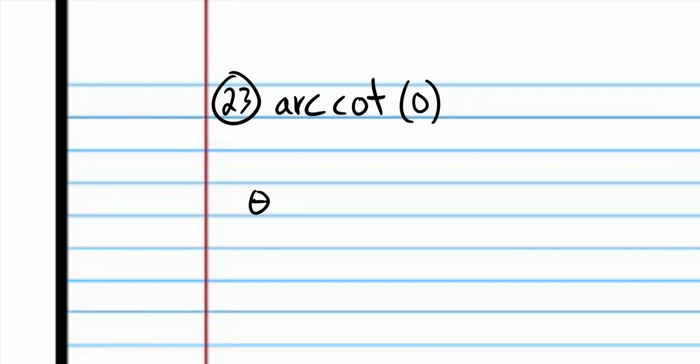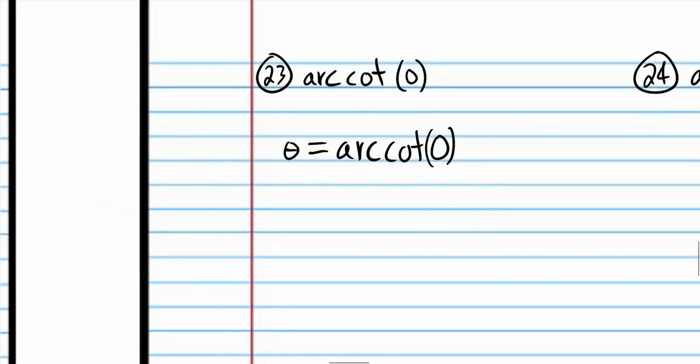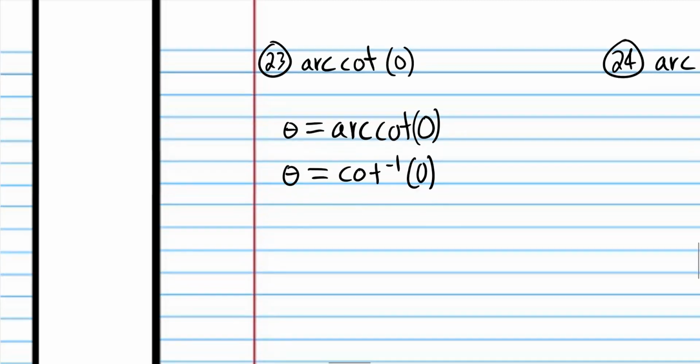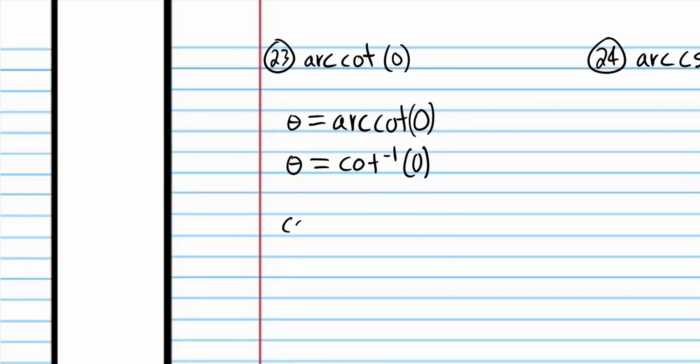Okay, we're back. So theta, I'm going to set that equal to arc cotangent 0. But remember, arc cotangent is the same thing as cotangent inverse. Now, by definition, if that's true, then cotangent theta is equal to 0.